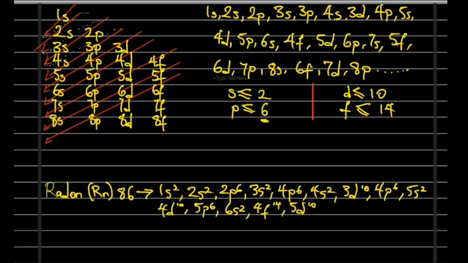So up to this place is 80. Then 6p6, since we are going to 86. Yes, so this is the electronic configuration for radon.